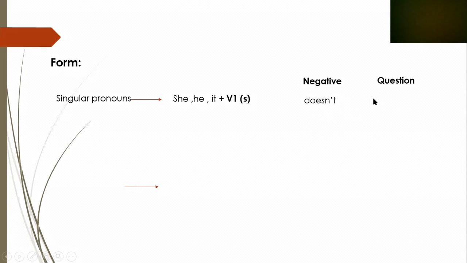Yes, we omit the not, we use only does. Let's see an example. Laura walks to school every morning. Here you see, walks is verb 1, and we added S to it because Laura is singular.